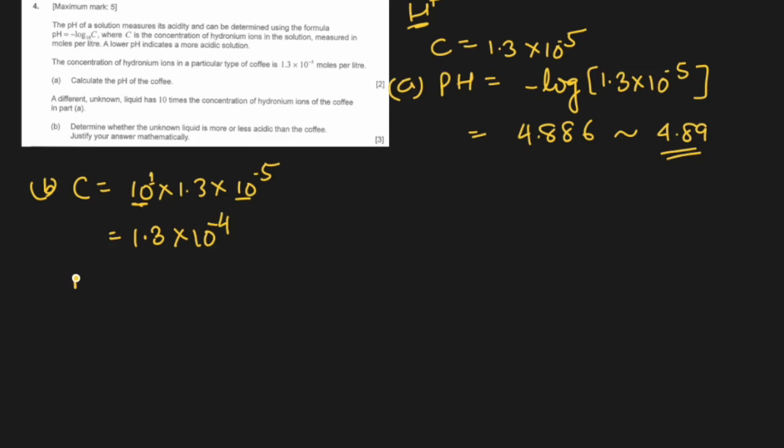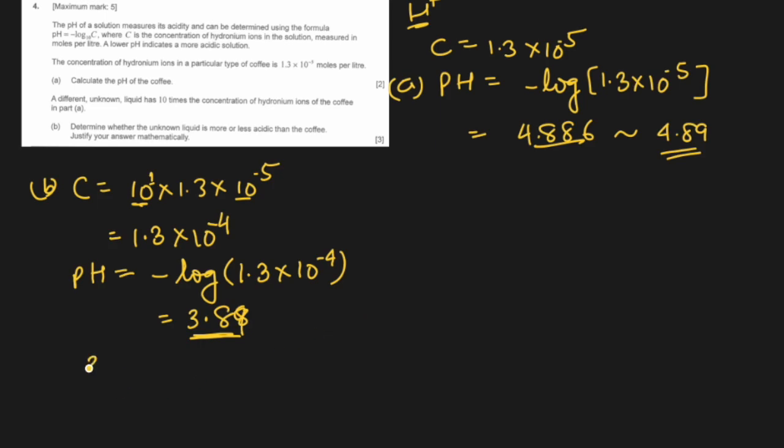And now we'll find the pH for this. It will be minus log of 1.3 times 10 to the power negative 4, which comes out to be 3.89. Now determine whether the unknown liquid is more or less acidic. The pH value is lesser than this, right?